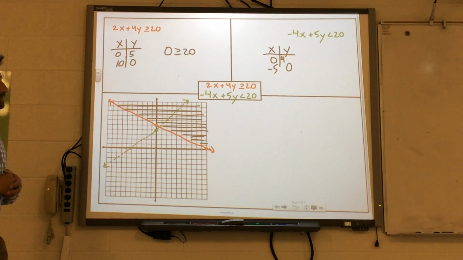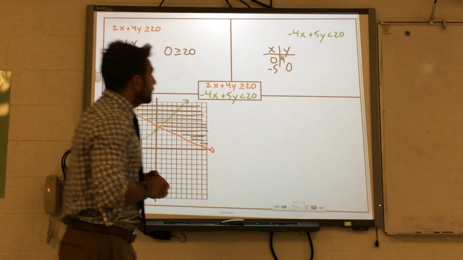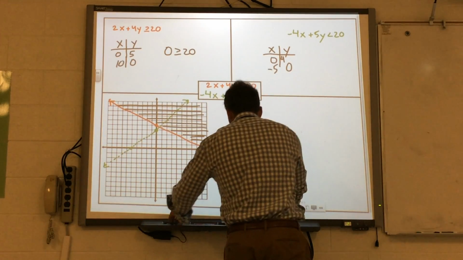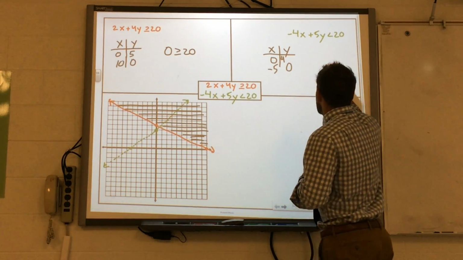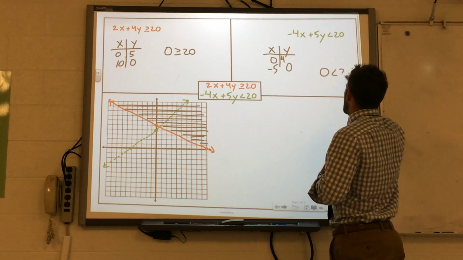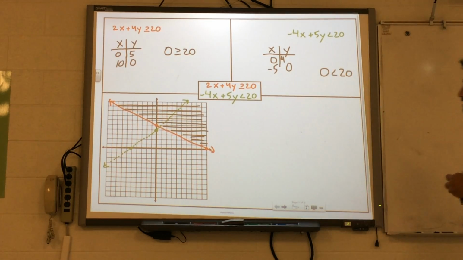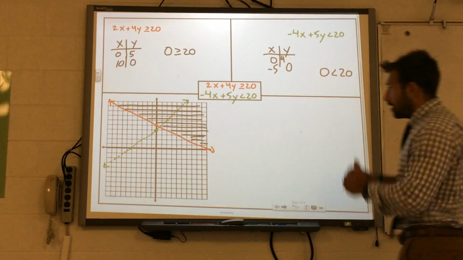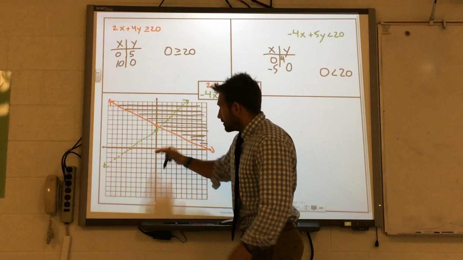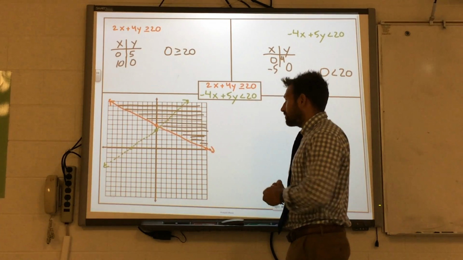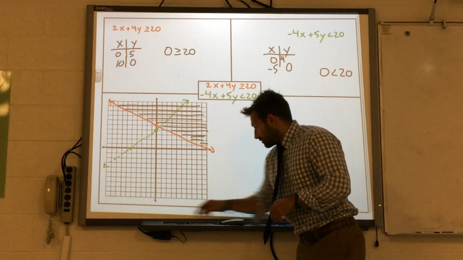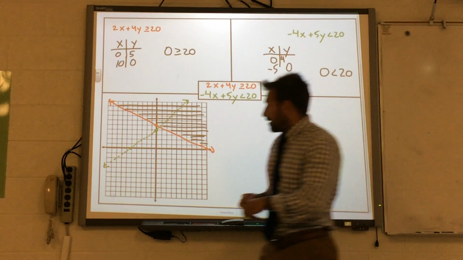And figure out what side we're going to shade. Well, we use our test point 0, 0 again. 0 less than 20. Yes, 0 is less than 20, so we shade below the dotted line because 0, 0 is below that dotted line. Here, we're going to shade with vertical lines.